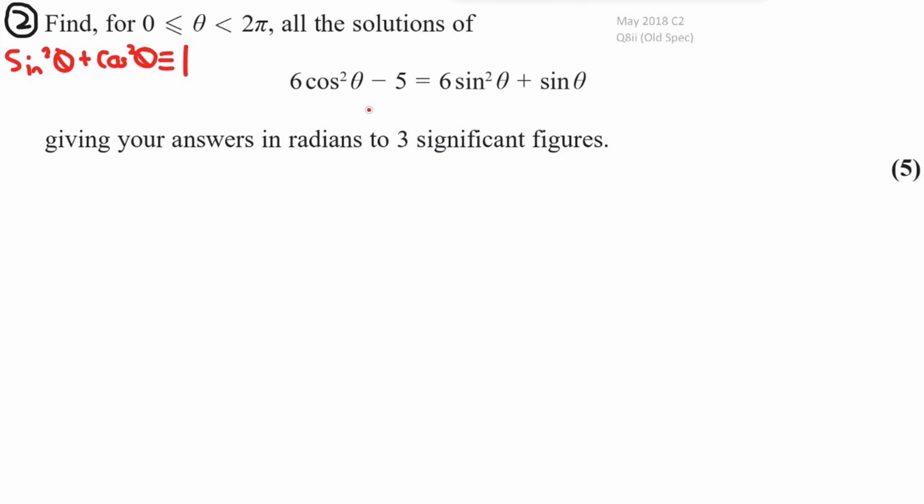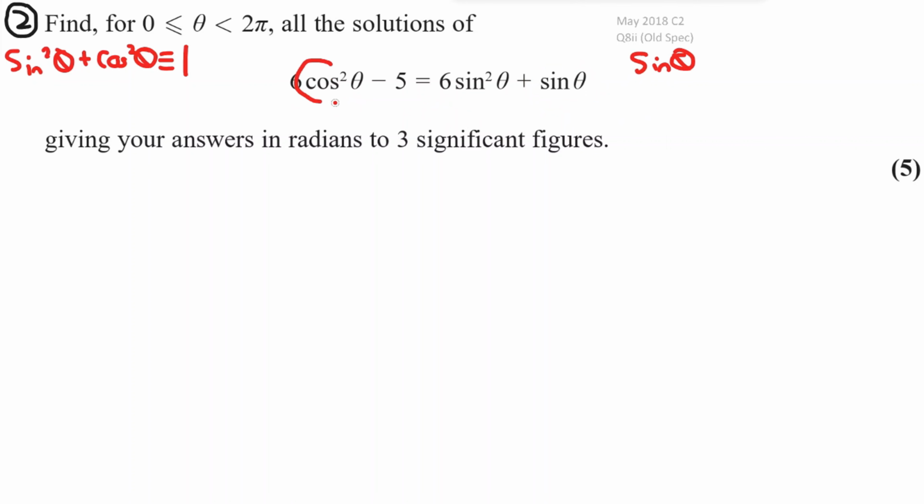And the key to this is, the sin squared theta and the cos squared theta we can easily get rid of for the other sin or cos using this, but we can't do this for the non-squared values. And you can see that we only have one non-squared value, which is sin theta. We don't have cos theta, and therefore, because we can't get rid of this, we're going to make sure that we get this in the sin theta format rather than the cos theta format.